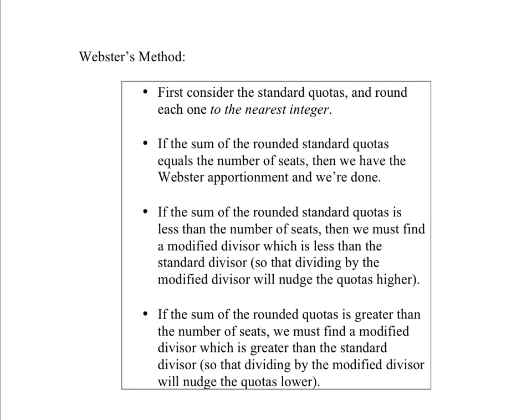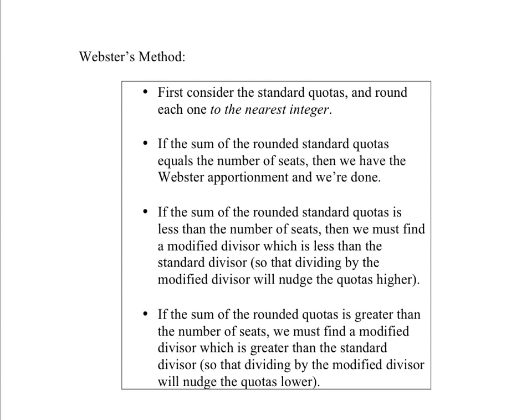But if the sum of the rounded standard quotas is not equal to the number of seats, then we need a modified divisor. In particular, if the sum of those rounded standard quotas is less than the number of seats, think too few cookies, we need more cookies, then we have to find a modified divisor less than the standard divisor. So think we need a smaller cookie cutter to remedy the fact that there are too few cookies. A smaller cookie cutter will produce more cookies.